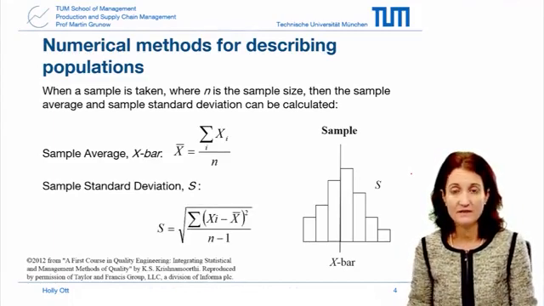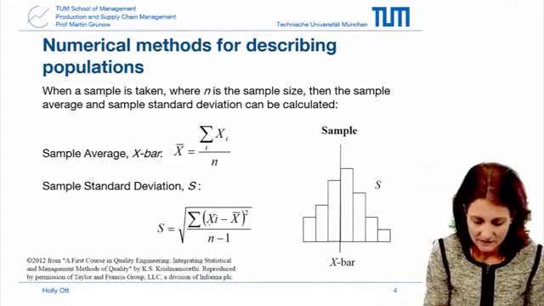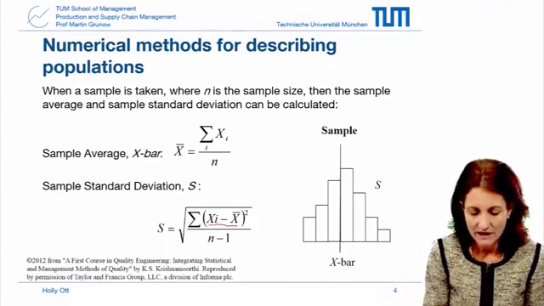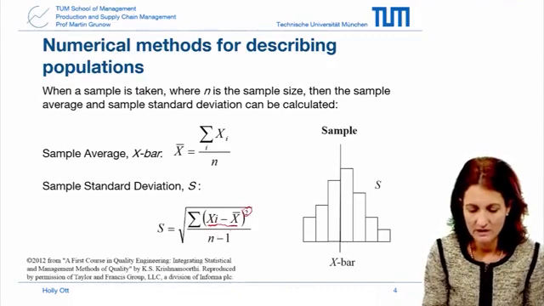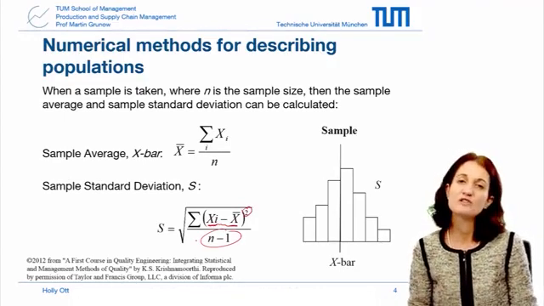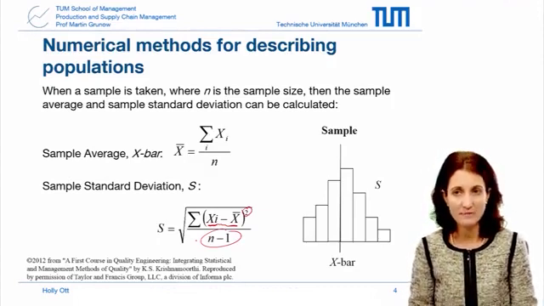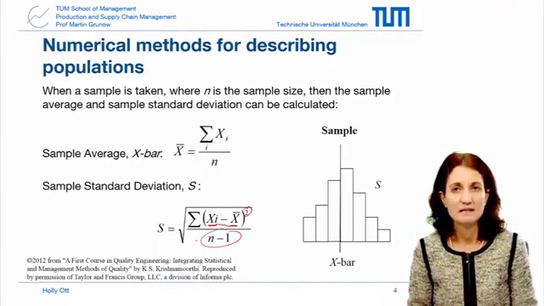The sample standard deviation is the square root of the sum of the squared differences, the differences of every value from the average squared, divided by n minus 1. And the assumption for this is that all of our random variables are independent and identically distributed.